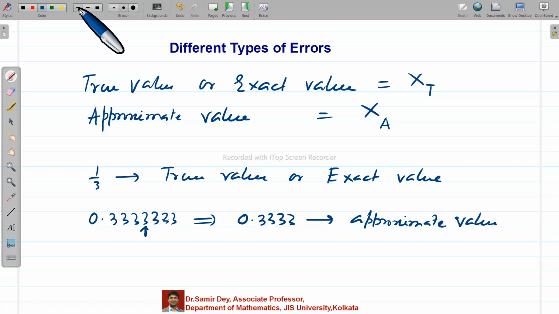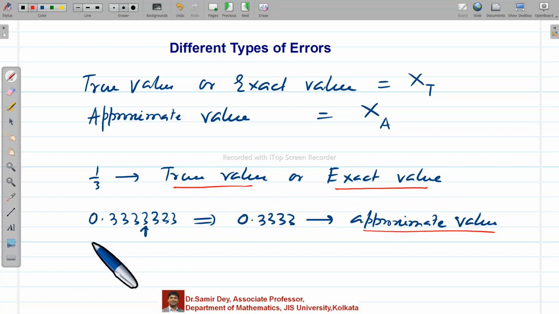Now I think it is clear to everyone what the true value is and what the approximate value is. I repeat once again. Suppose I have 1 by 3. This actual representation is called the true value or exact value. Then when we divide it through a calculator, or manually, whatever you can do, in this case the value comes 0.3333 and continues, a big number.